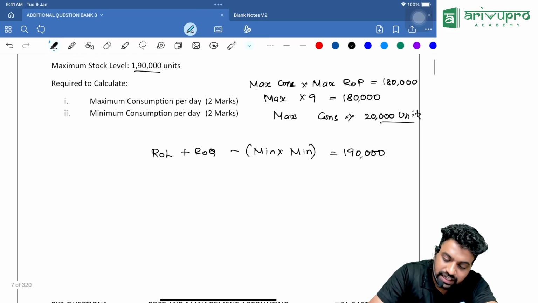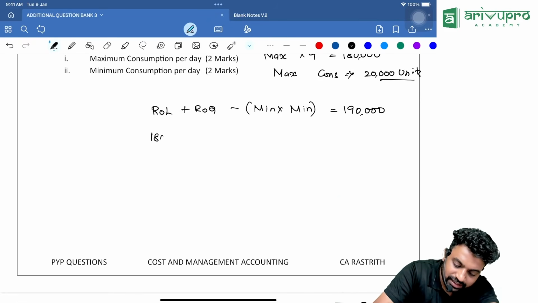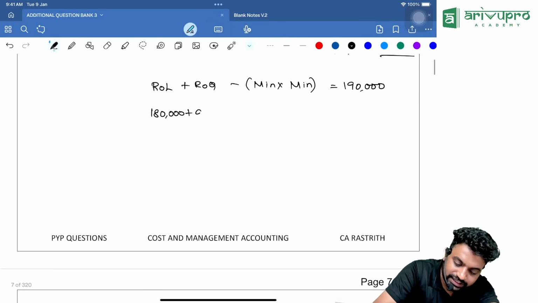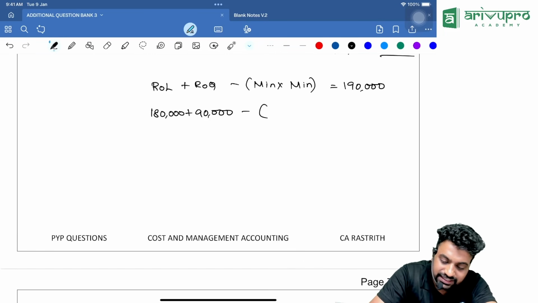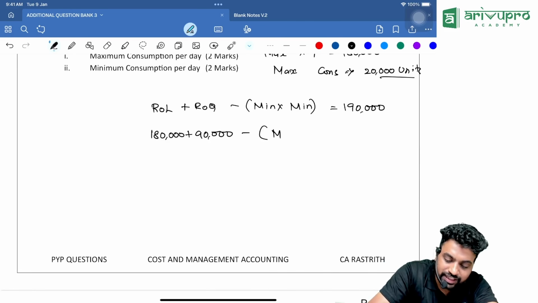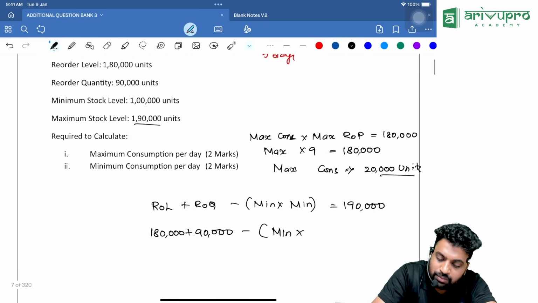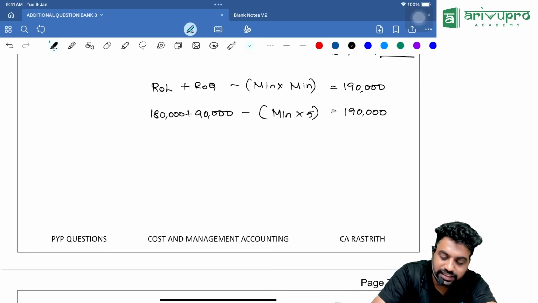Reorder level we just computed, they have given directly, 1,80,000. Reorder quantity 90,000. Total is 2,70,000 minus minimum consumption, which I don't know. I will take it as minimum consumption into minimum lead time, which I calculated as 5 days.